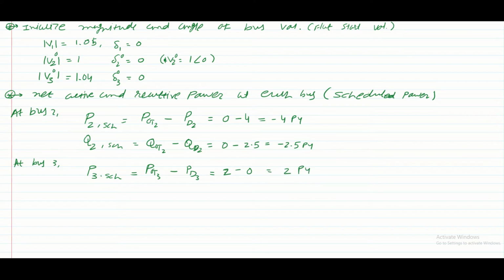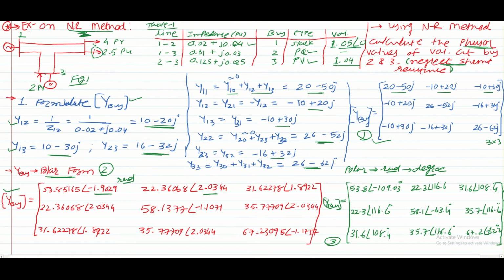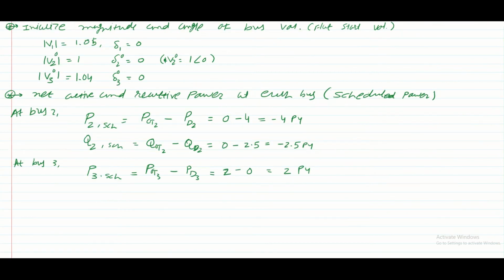Okay, now look at over here at bus number 3, there is no reactive power, demand or generation shown. So that we will calculate using our NR method. Or if you wish you can write a question mark, as we have done earlier in the case of the GS method.